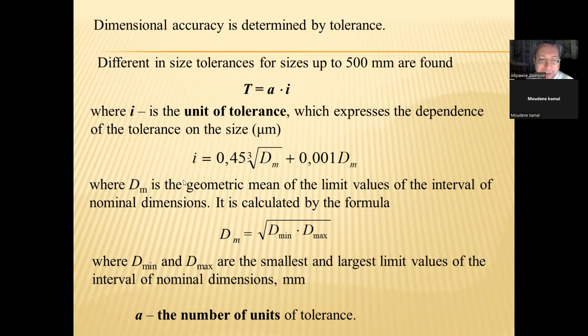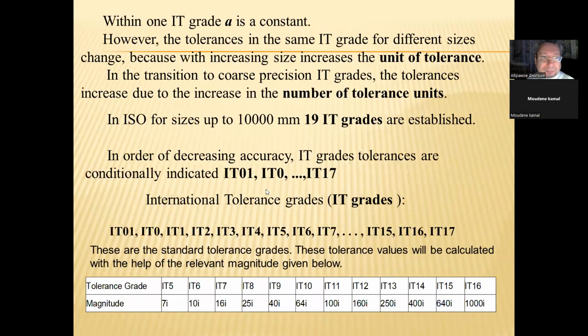And we calculate I using the diameter D suffix M. In the transition to coarser precision IT grades, the tolerances increase due to the increase in the number of tolerance units.